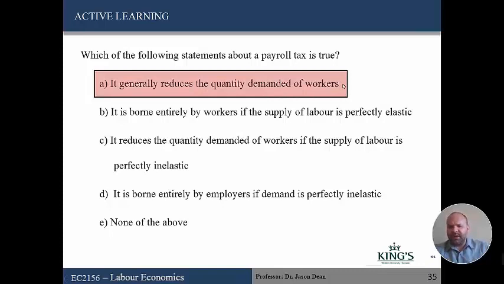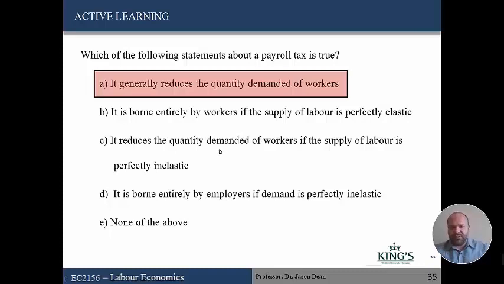And if you remember the diagram, you'll see that since the labor demand curve shifts down, as long as the supply curve is upward sloping, you will get a reduction in the amount of workers. The quantity demanded of workers would fall. We know that this isn't true. It's not borne entirely by workers if the labor supply is elastic. If it were inelastic, that would be true, but it says elastic, so that's not true.